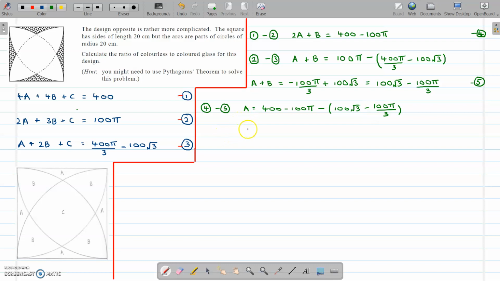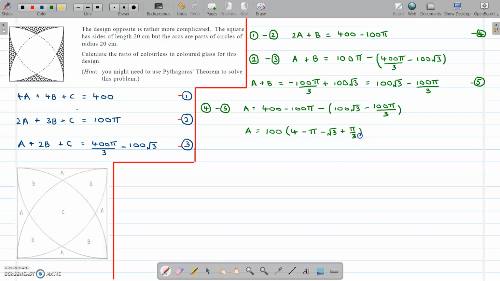So A equals 100 times 4 minus, not 100 pi, but just pi now because I've taken out the factor 100, minus 100 root 3, so it's just minus root 3 because the 100's gone, and it's also minus 100 pi over 3, so it's plus pi over 3 because the factor of 100 is outside.